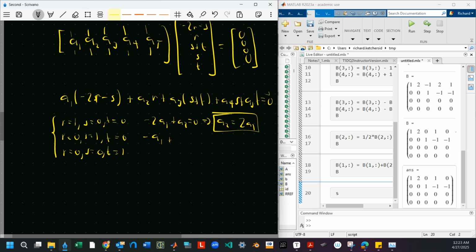This is a3, t is 0, and then a4. And so this turns into a4 equals a1 minus a3, which is what I had originally written and should have left. Okay, and then when I put t equal to 1, then this is a3 plus a5 equals 0, and so I get a5 equals minus a3.